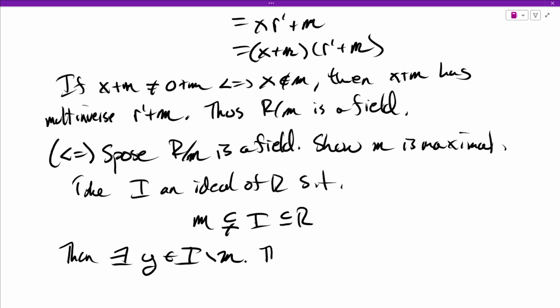Okay, this means that y plus M is not 0, so it's a non-zero element in the quotient.